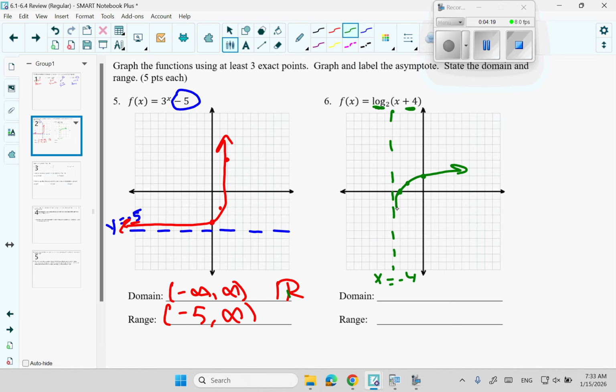Now, the graph looks like it stops there. You need to remember that it technically goes down forever. Now, what's my asymptote? My asymptote is an x value, so that's a restriction in the domain. So my domain is going to be that value, negative 4 to infinity. Or my range, I can go up and down forever, so that's going to be all real numbers.